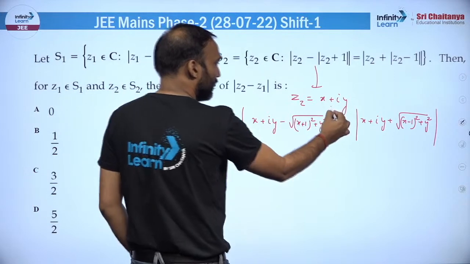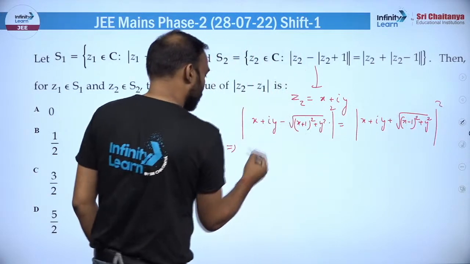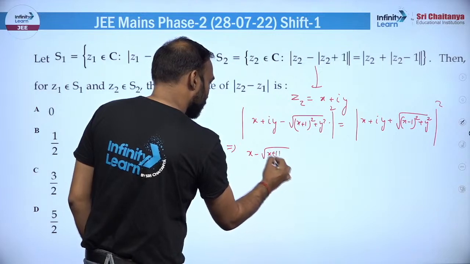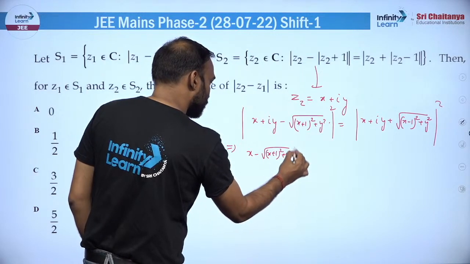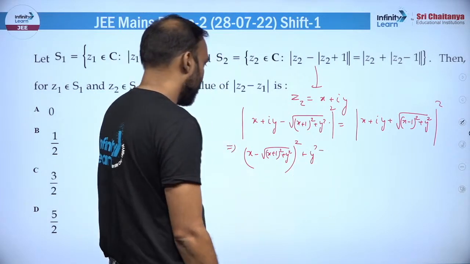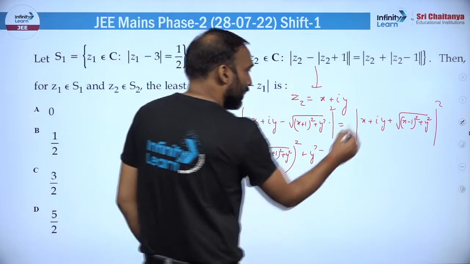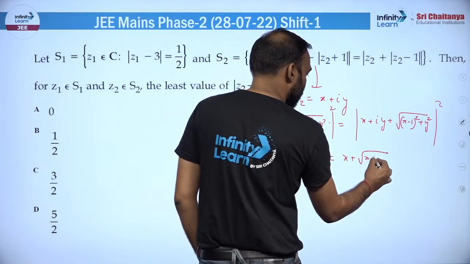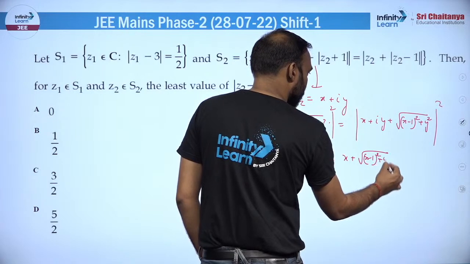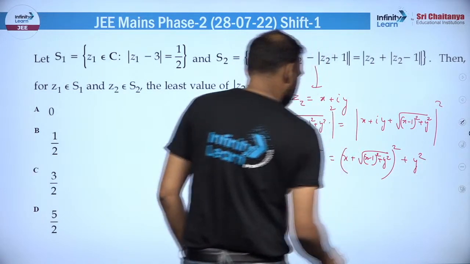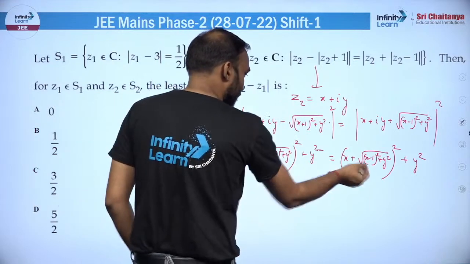Now we take the squared modulus. On the left I get (x minus under root of (x plus 1) whole square plus y square) whole square plus y square, and on the right (x plus under root of (x minus 1) whole square plus y square) whole square plus y square. So y square will get cancelled. This will be equal to that.